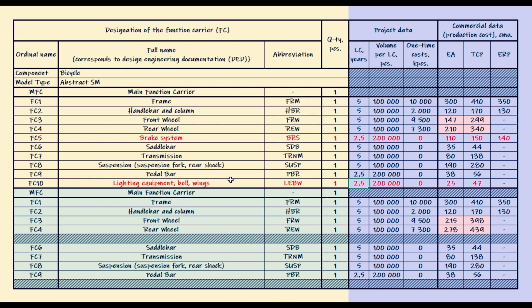Forced simplification includes the fact that we neglect the price of the bell, since we do not have information about this price separated from the carrier of function 10, and we refer the tail light to the wheel, although in fact it is installed on the saddle node. Thus, we get a simplified structural model of a bicycle consisting of 8 of the most expensive carriers of functions, which can later be used for analysis and forming value analysis reports.